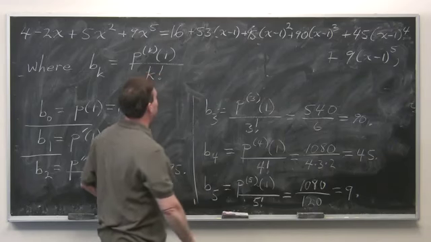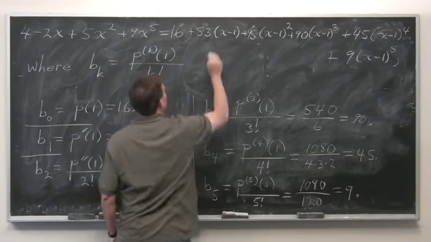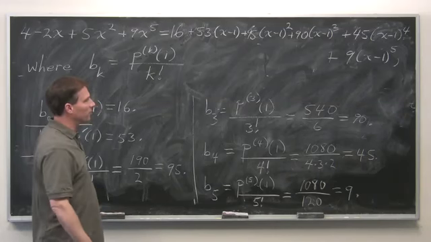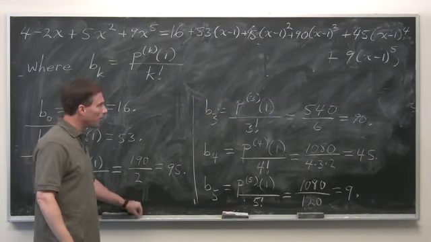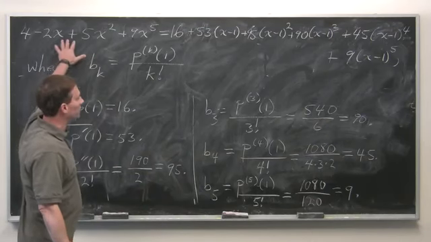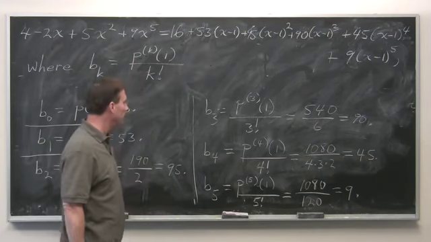So yes, you probably wouldn't guess those coefficients. 16, 53, 95, 90, 45, and 9, although the 9 one is clear. But that's how you rewrite this polynomial in terms of powers of x minus 1.